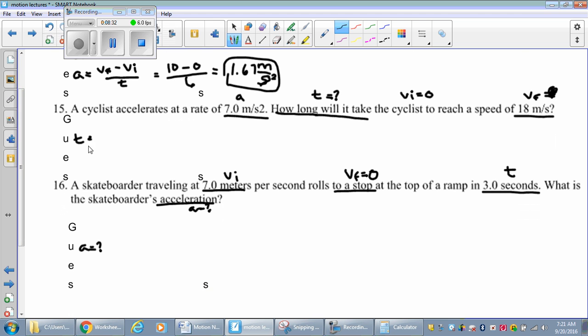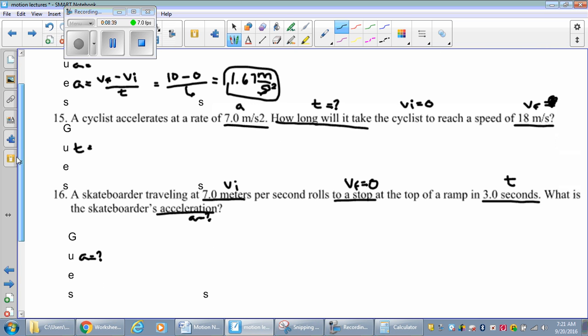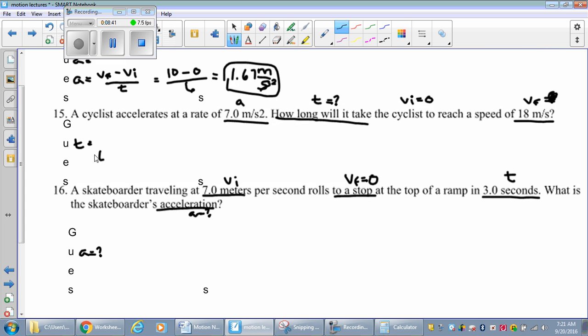Okay, so we're solving for time in this one. What was the time? So our equation for time was t equals v final minus v initial over a. And time equals v final minus v initial divided by our acceleration. Let's go ahead and plug that in. V final was 18 minus our v initial because we're starting at rest.